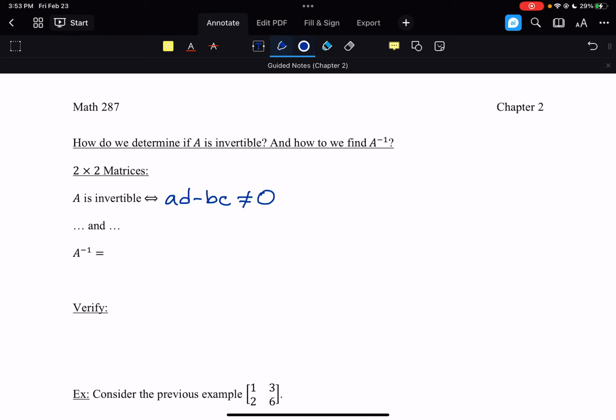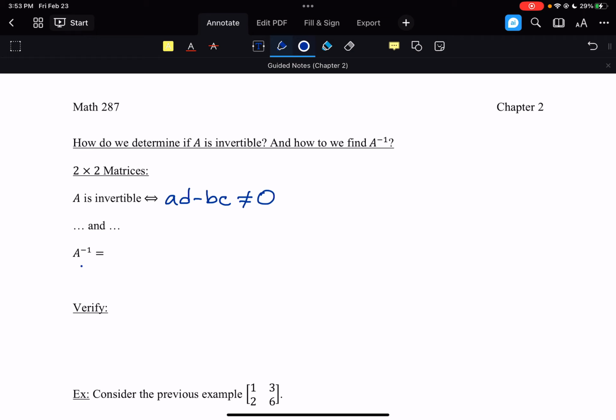Right, so for the matrix A, B, C, D, like that, AD minus BC. If that difference is not 0, the matrix is invertible. If that difference is 0, the matrix is not invertible.